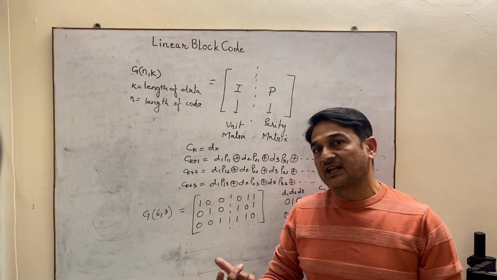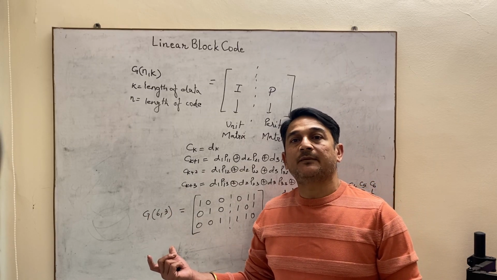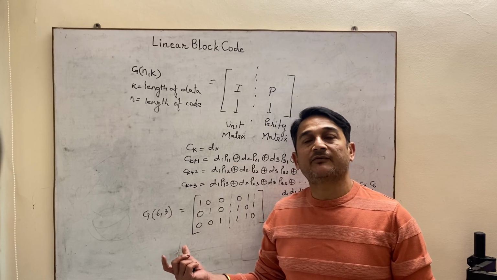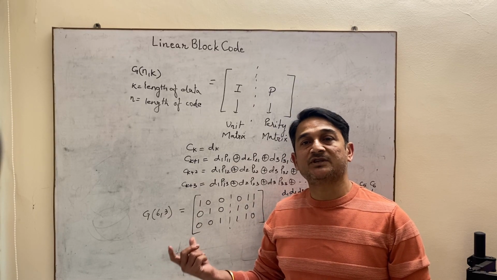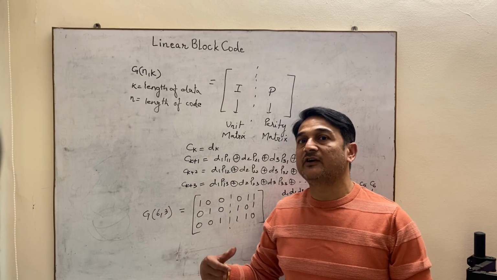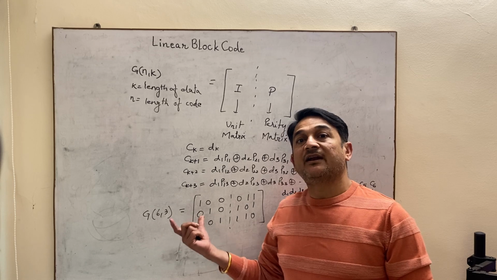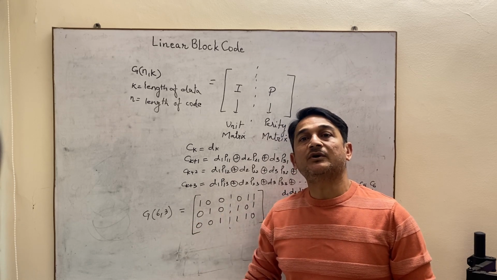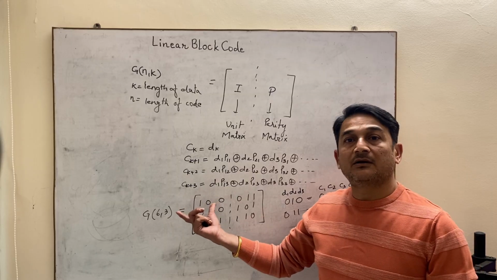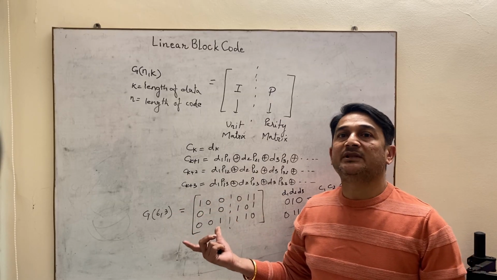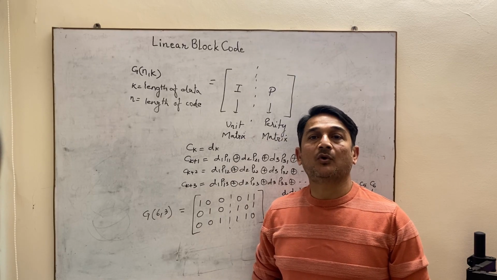If the length of data is 4, how many data words can be generated? 2 raised to the power 4, that means 16 different data words can be generated, from 0000 to 1111. All those 16 4-bit data words can be converted into their corresponding 7-bit codes using a matrix which would be given to you in the exam. That way you will be able to generate linear block code.